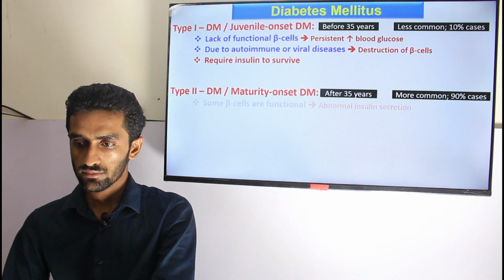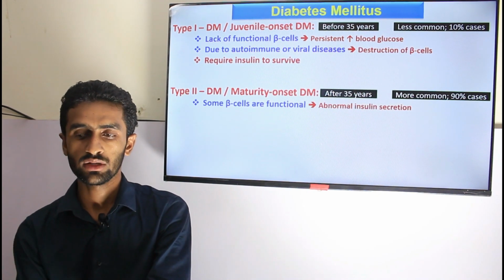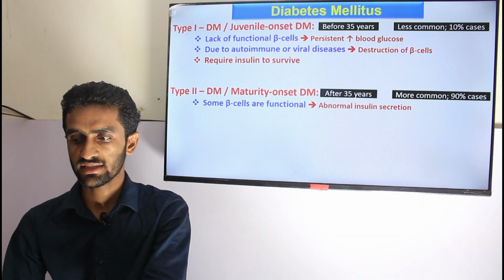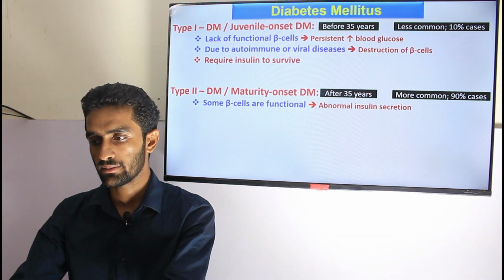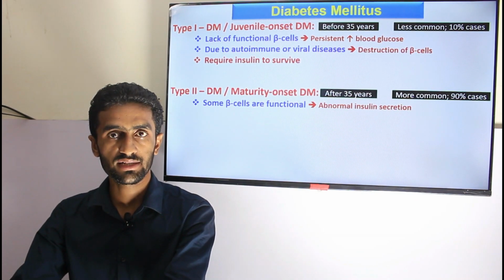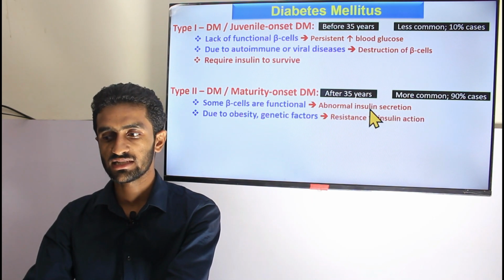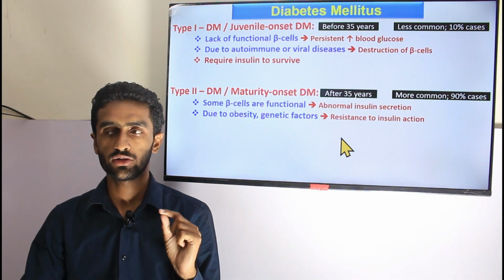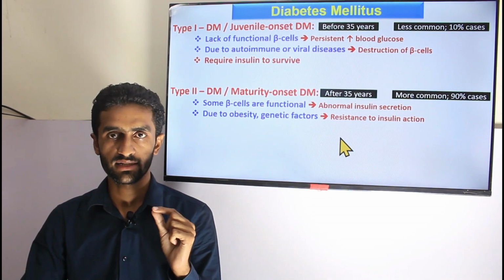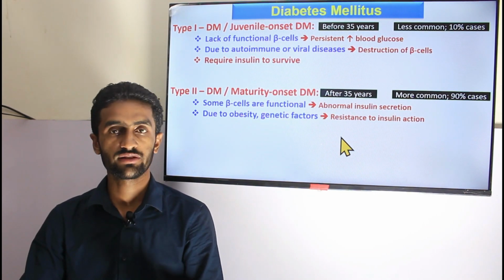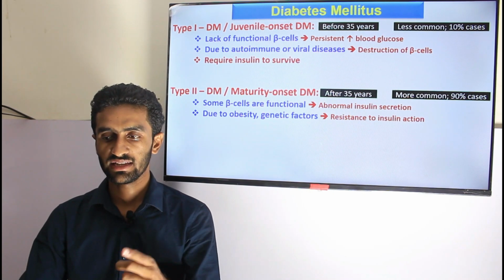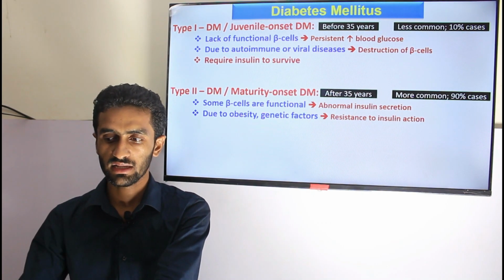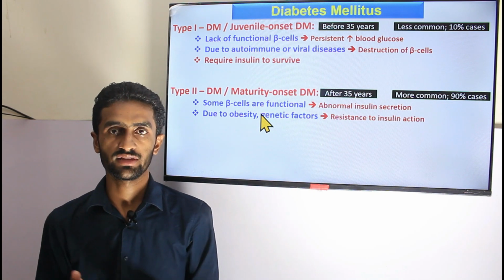Okay. And if you look at type 2, you see some beta cells are functional, but there is, you can say, abnormal insulin secretion. But the major issue is the resistance to insulin action due to obesity or genetic factors. Most of the time, you can say 85 to 90% of cases are associated with obesity in the etiology of type 2, and some cases are associated with genetic factors.